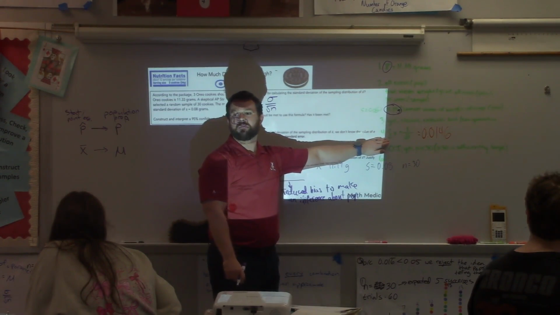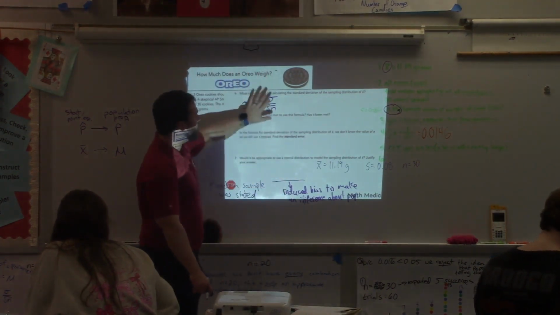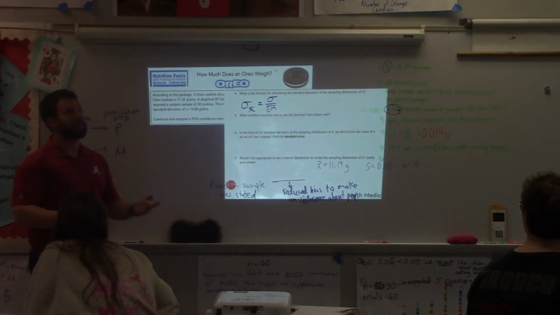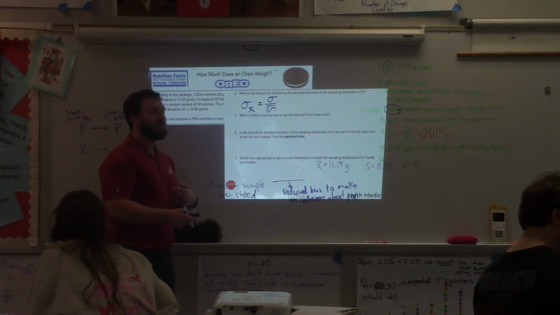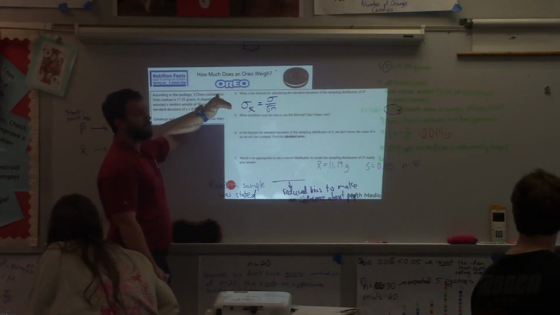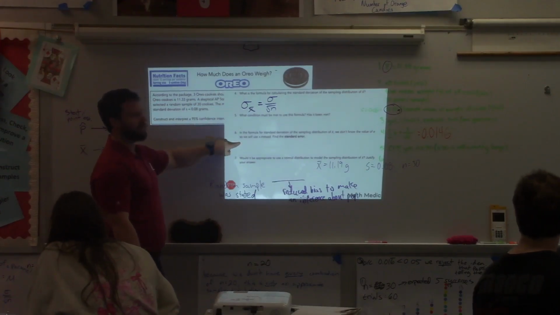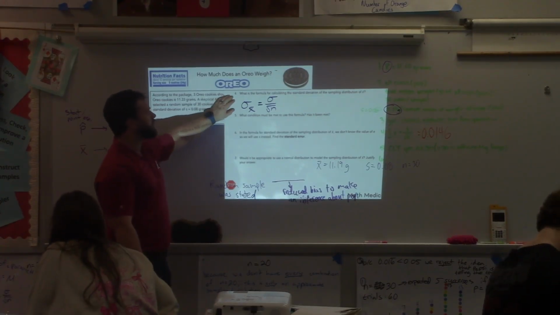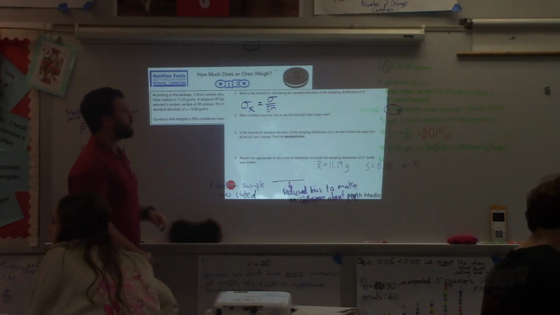What do I not have from this formula? Sigma, the true standard deviation. I don't have it, so can I even use this formula? No, but notice that's what number 6 is about. That is the true standard deviation of the sampling distribution of X bar.